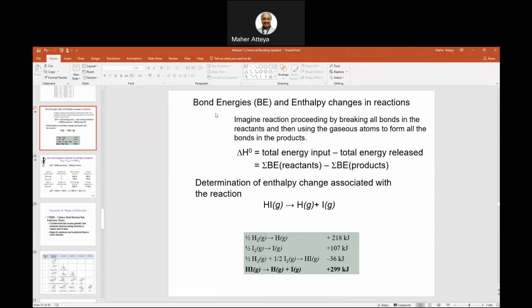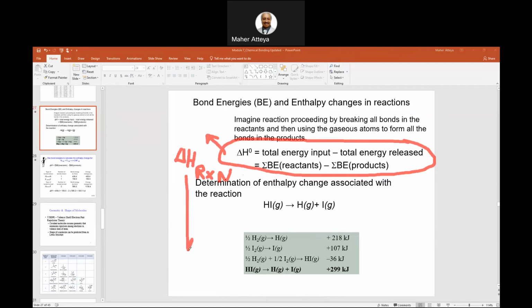Here, when it comes to bond energies, it's quite the opposite. So make sure that you understand this. This is quite the opposite of delta H when it comes to heat of formation. So here it is delta H, the reaction.